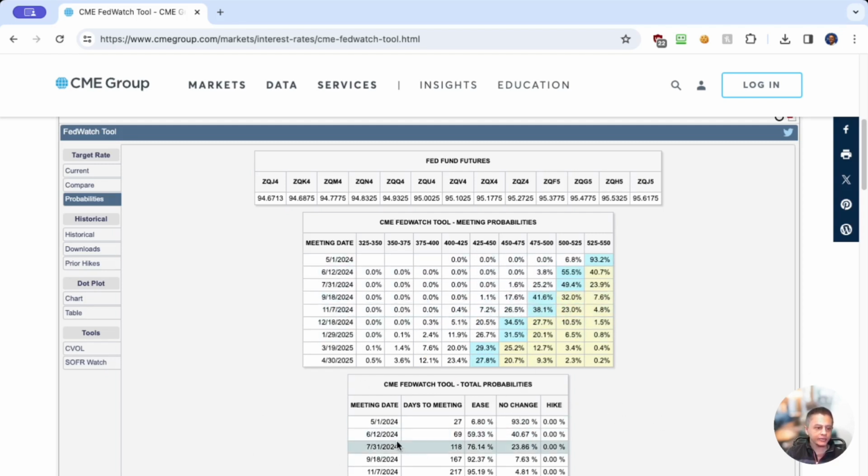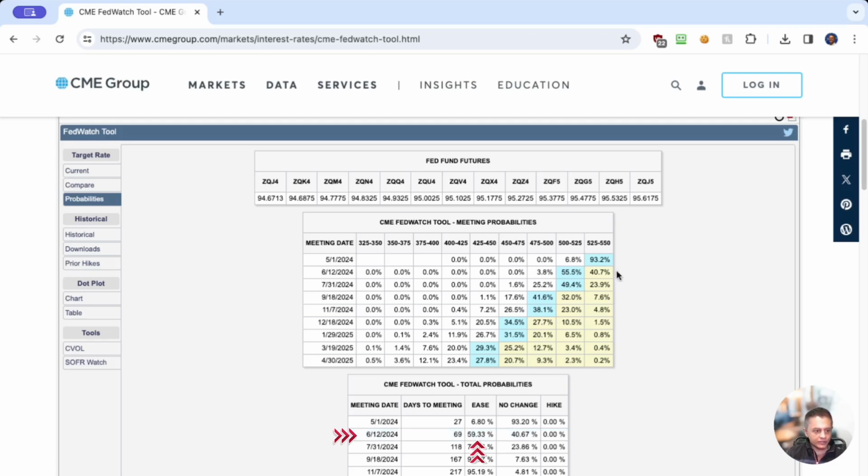So, for example, if you look at the June date, it's showing you meeting date, then there is days to meeting, chances of a cut, which is ease, no change, and hike. These are the columns. And in the June meeting, it shows you that the chance of a cut is almost 60%. So where is this coming from?